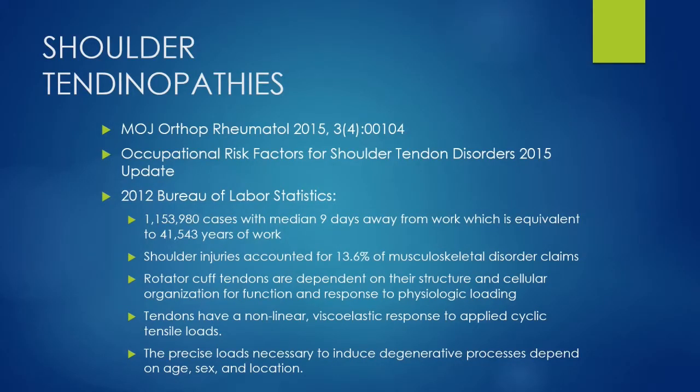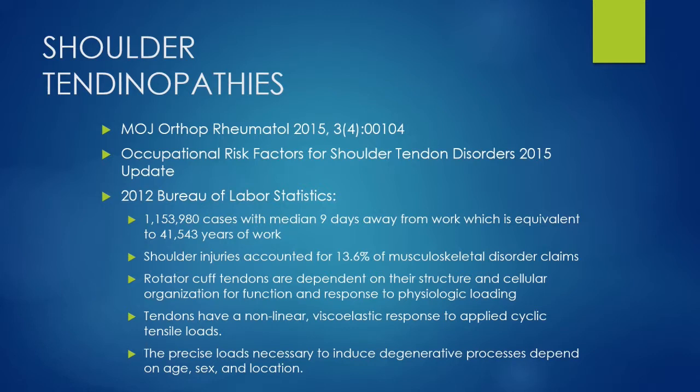Okay, so let's begin with some facts and some statistics regarding shoulder tendon injuries in the industrial setting. I want to share with you a couple of interesting facts from the journal Orthopedic Rheumatology, which is a 2015 review of shoulder tendon disorders in the occupational setting.